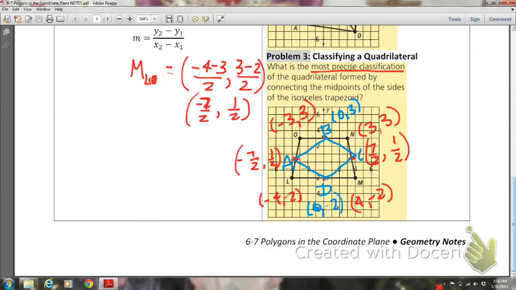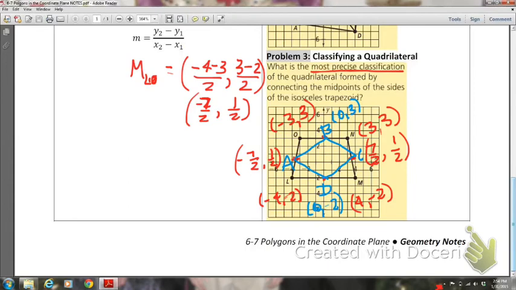And then we've already got the coordinates of the midpoints of those two sides. So now we have to determine what kind of quadrilateral that is in the center. So let's look at the lengths of its sides to see if the sides are congruent or not, because that would potentially classify it as a rhombus.